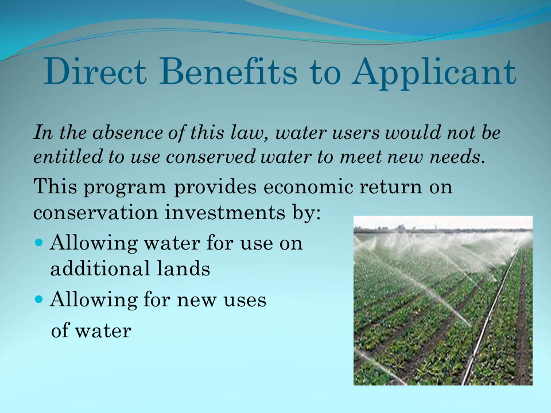So what are the direct benefits to the applicant? In the absence of this law, water users would not be entitled to use conserved water to meet new needs. This program provides economic return on conservation investments by allowing conserved water to be used on additional lands and allowing for new uses of water.